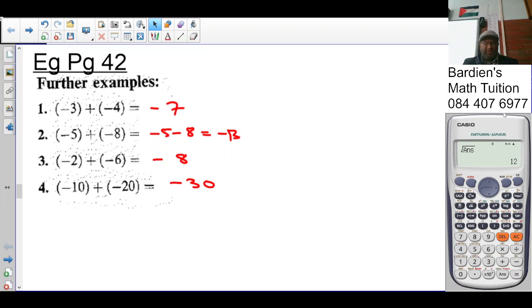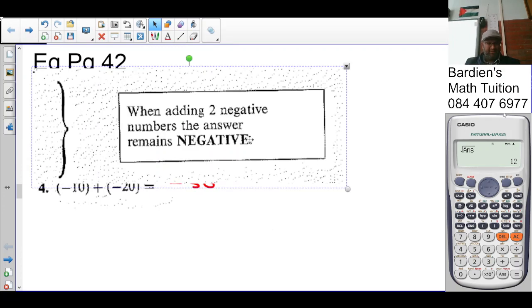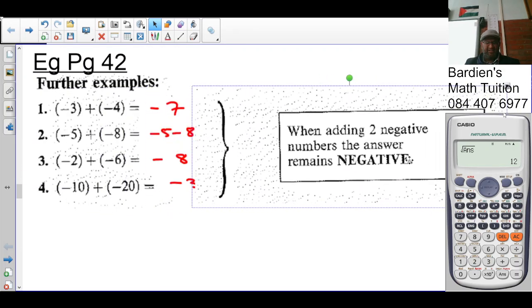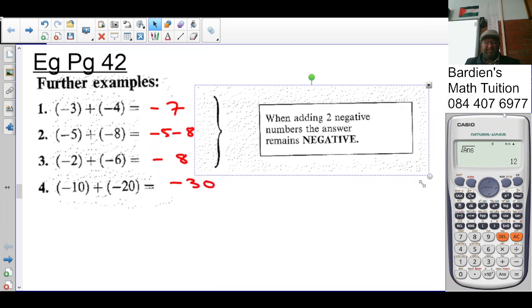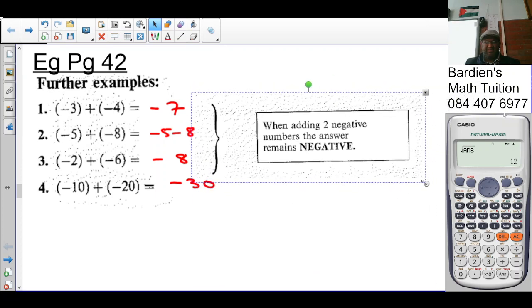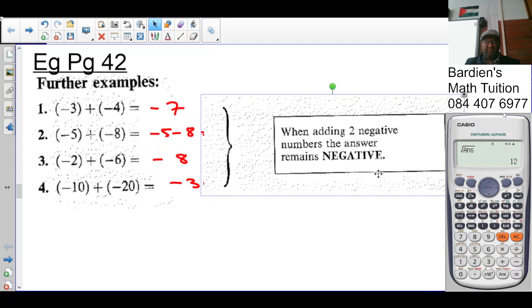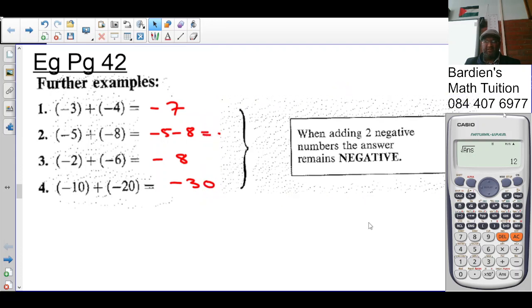Okay, this is a note I want you to write down, dealing with those 4 sums we just did. When adding 2 negative numbers, the answer remains negative. Can you see that, people?